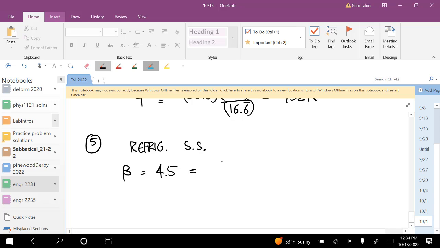So a high performance would be a high QC over a low work. You want to make that number as big as possible.